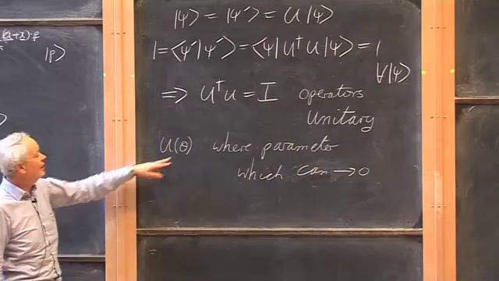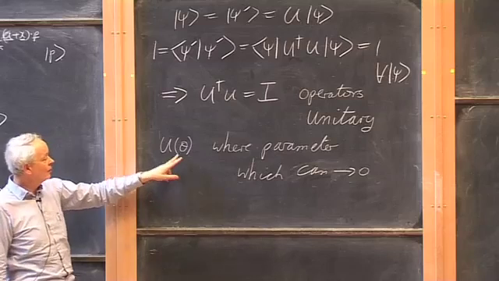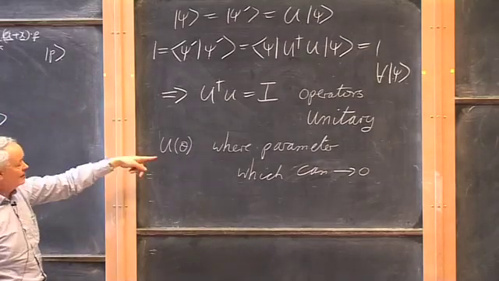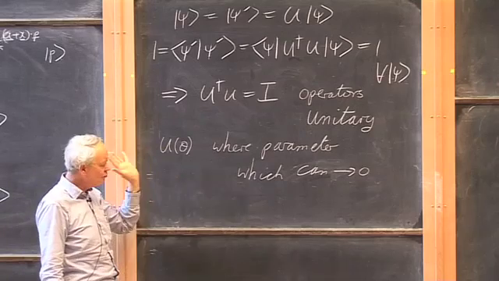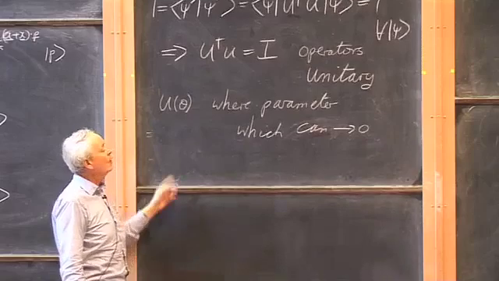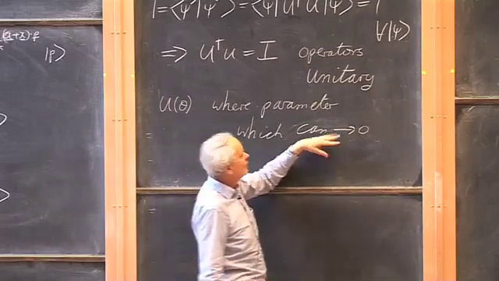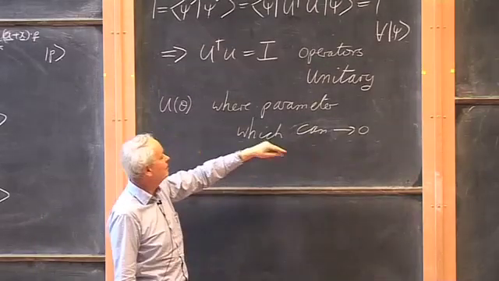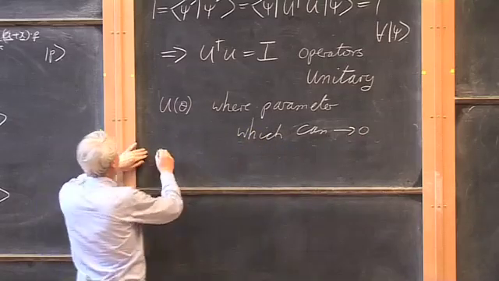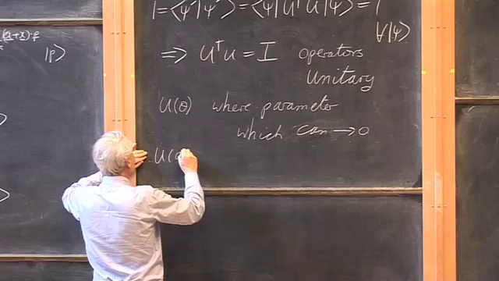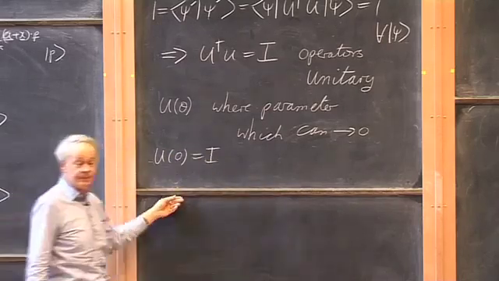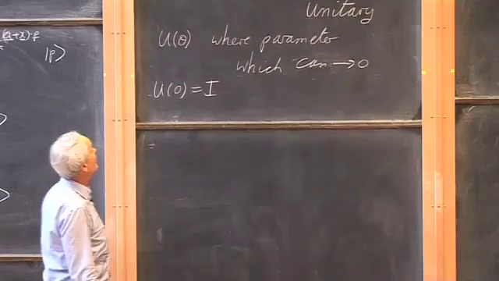So the idea is that θ is the amount by which you've transformed. There, a was the distance which we had displaced, so a is analogous to θ. Here, θ just stands vaguely for the amount by which you can do something. And we want to be able to reduce this amount continuously down to nothing when we're doing absolutely nothing. So we're going to have that U(0) is the identity operator, because that's the operator that does nothing.